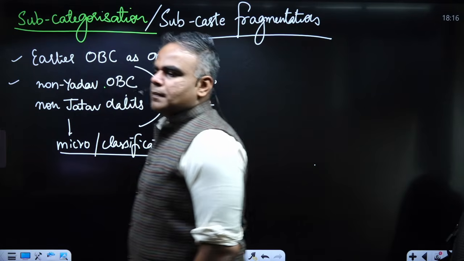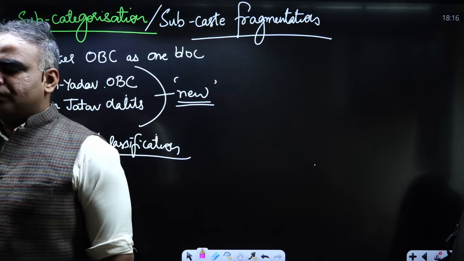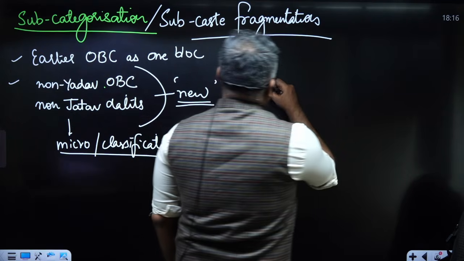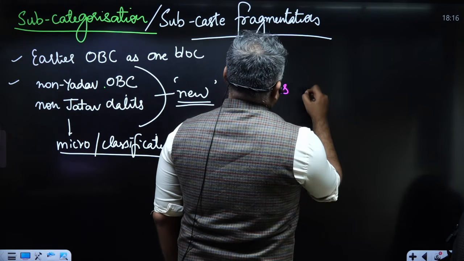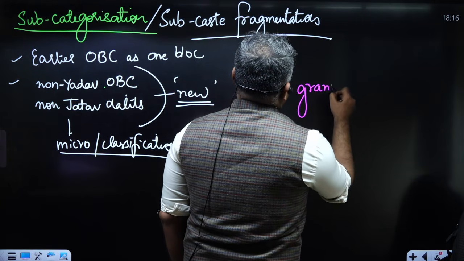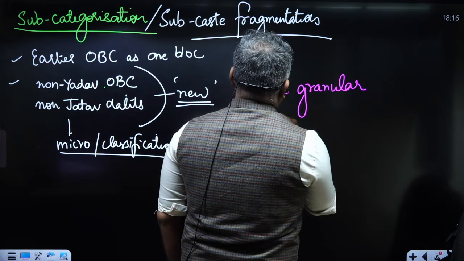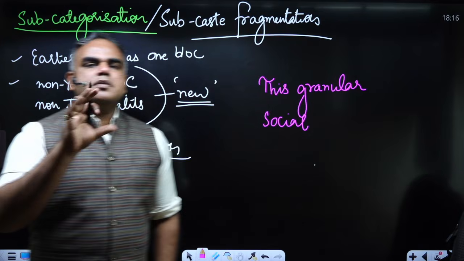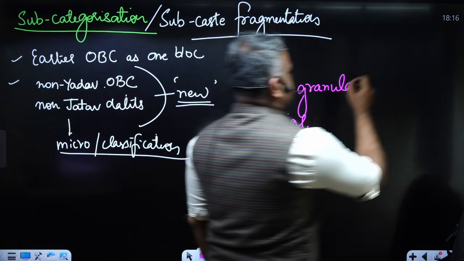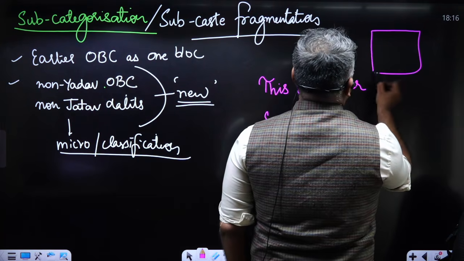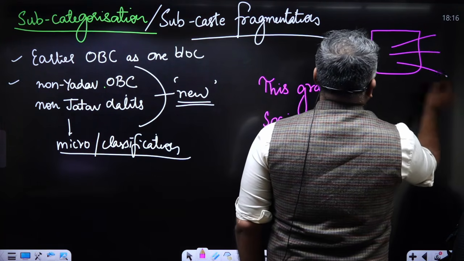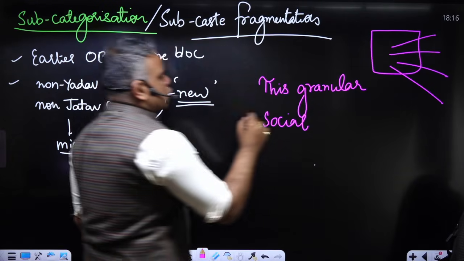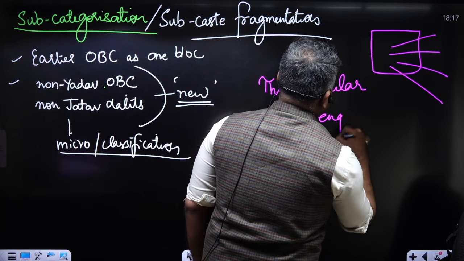Granular means sections within a whole; when you have a full entity, this let's say is a complete entity, and granular means sections within this.